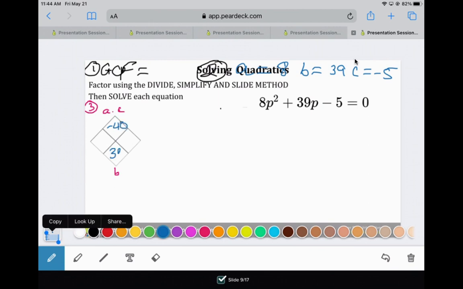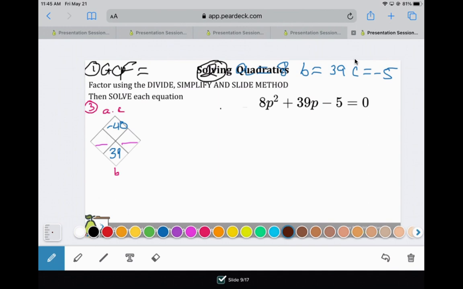B is 39. I'm looking for two numbers that if I multiply give me -40, but if I add them, give me 39. We spent a lot of time practicing finding those numbers. If that's something you need to review, let me know.